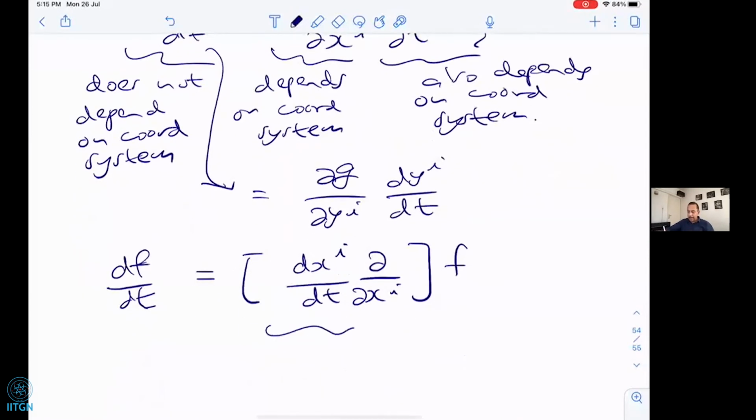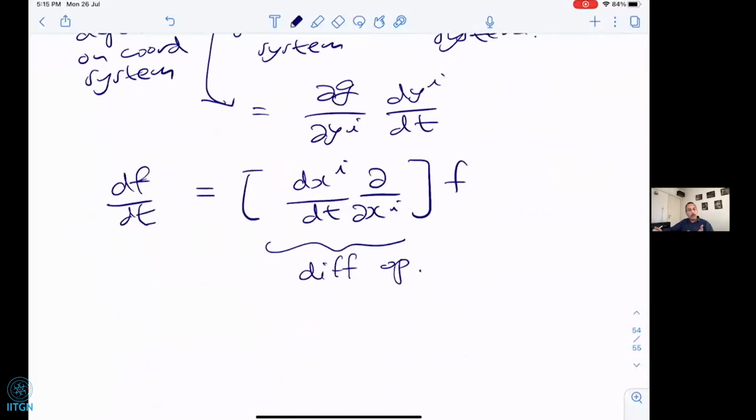Okay, and this, as you can see, is a differential operator. Now this is true for every possible function f. So I can also think that d by dt, the derivative operator along the path, is the same as dxi by dt del by del xi. Okay, and this is a very useful relation.